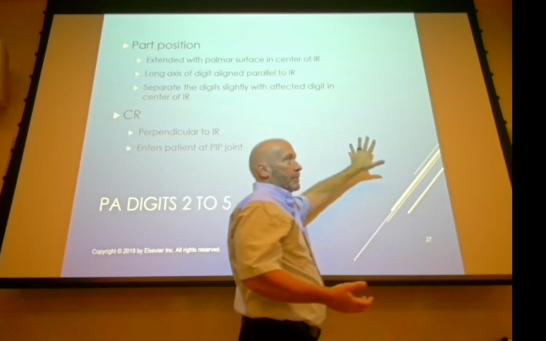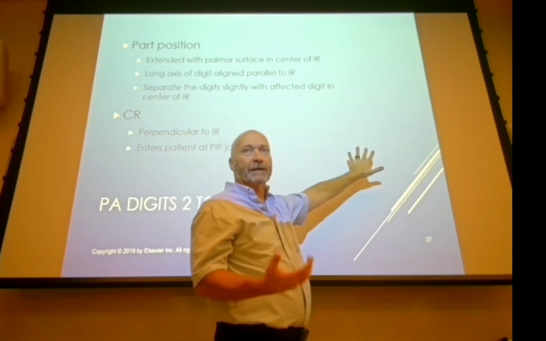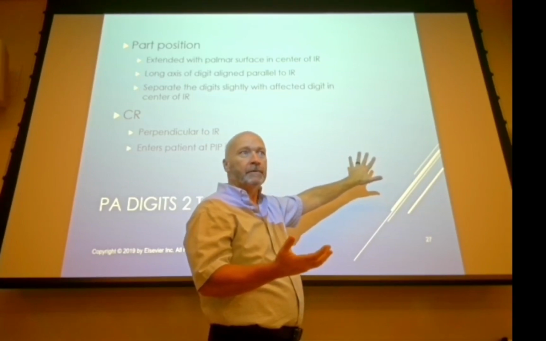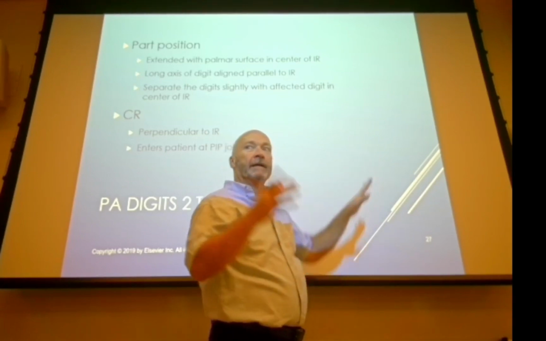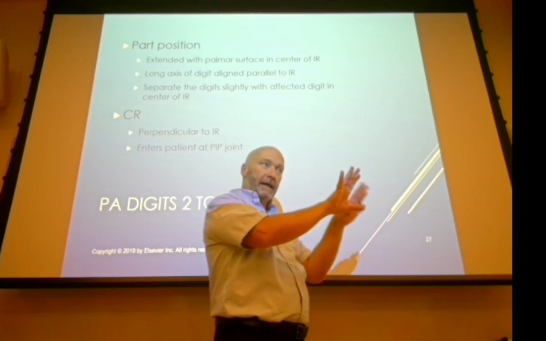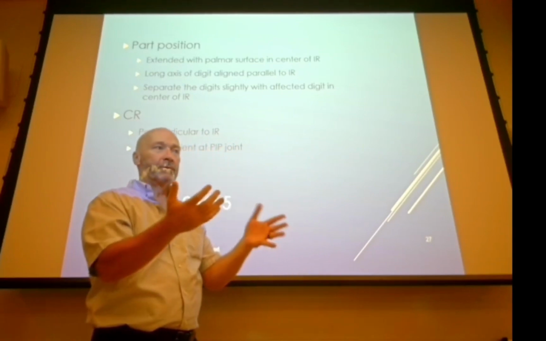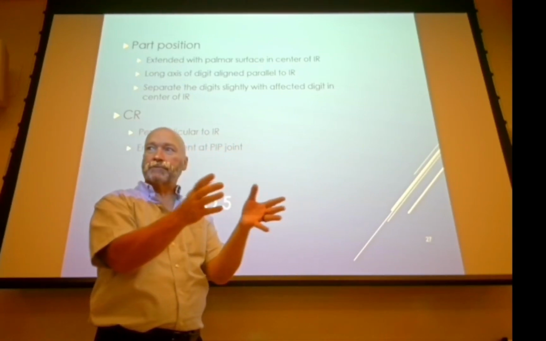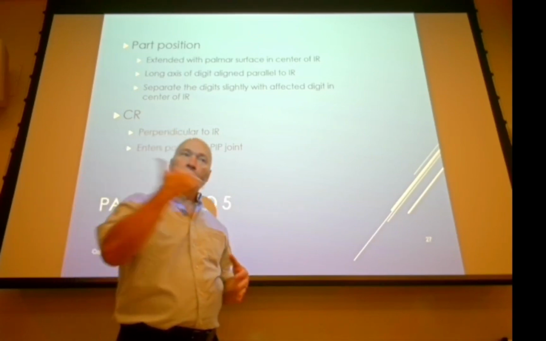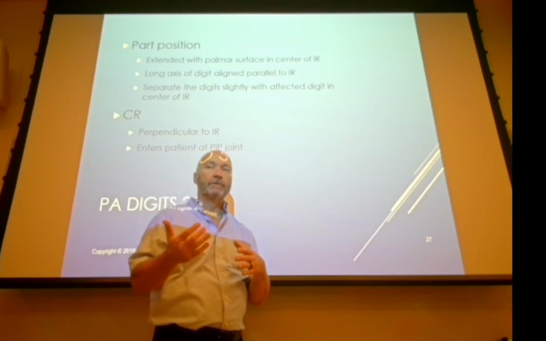Some of your hospitals will expect you to shoot adjacent digits, especially in kids, so that they can compare growth plates. Some of your hospitals, if they have kids, want to see the same digit on the opposite hand, right? And it's not just fingers. This is any extremity work. If we're doing wrists, for example, to make sure that there's not a potential fracture through the epiphyseal plate, they'll want what we refer to as comparison groups.